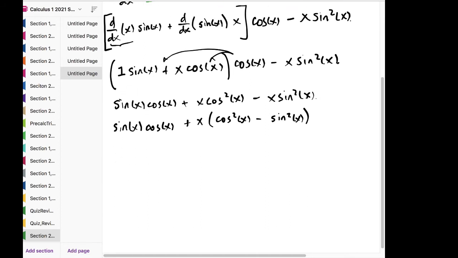If it were plus sine squared, then it would be 1. Right? Pythagorean identity is cosine squared plus sine squared is 1. But there's another identity for cosine squared minus sine squared. I'll give you a hint. It's a double angle formula for something. Okay. Yeah, another good one to remember. Cosine squared minus sine squared is the double angle formula for cosine.